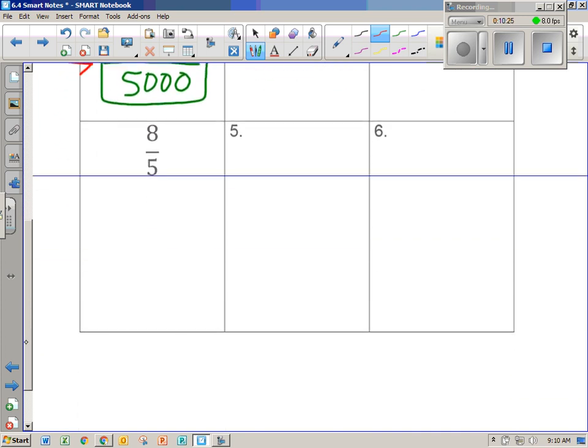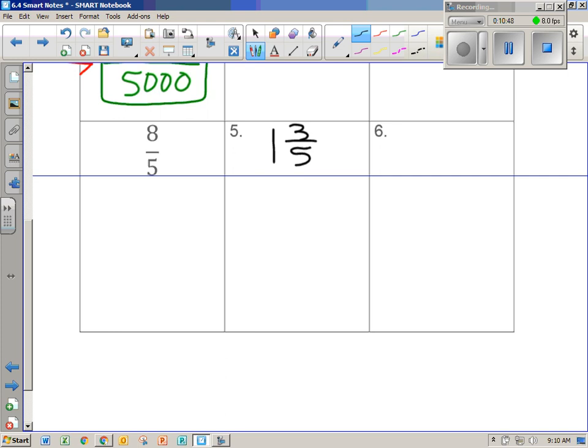So now we're starting with a fraction. I could just start long division, but first I would convert it to a mixed number, because that goes 1 with 3 left over.